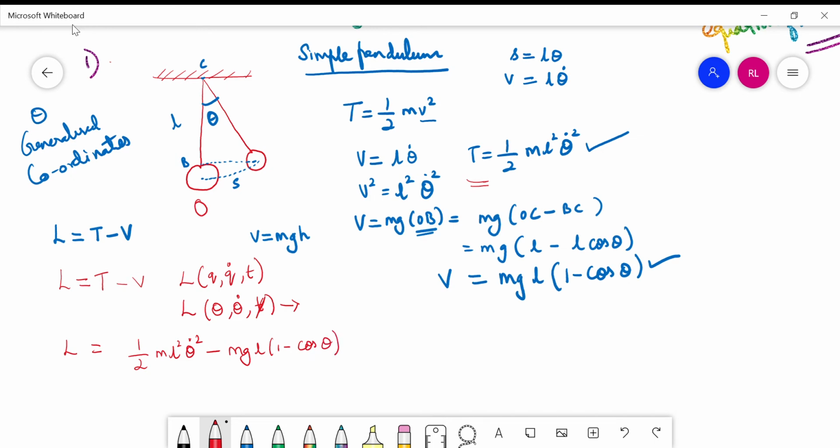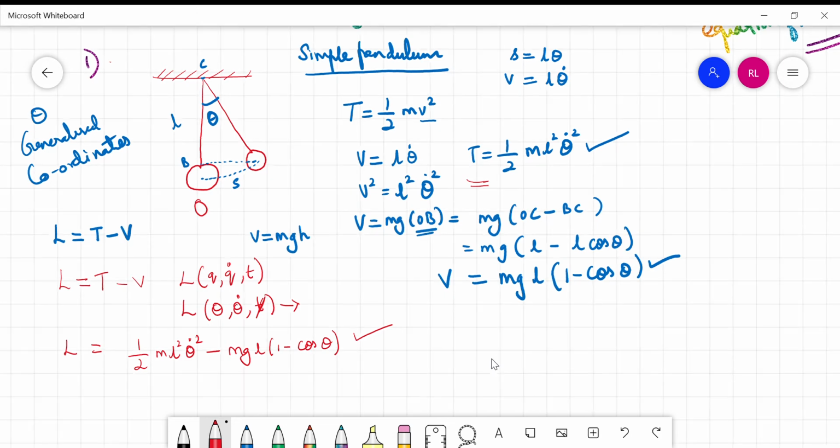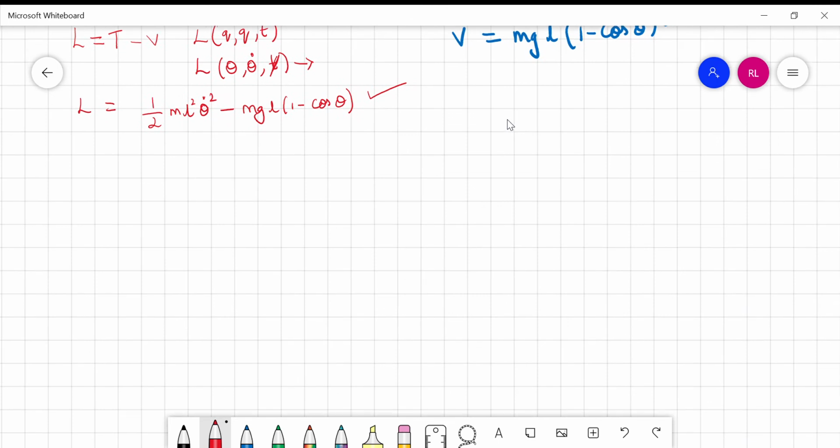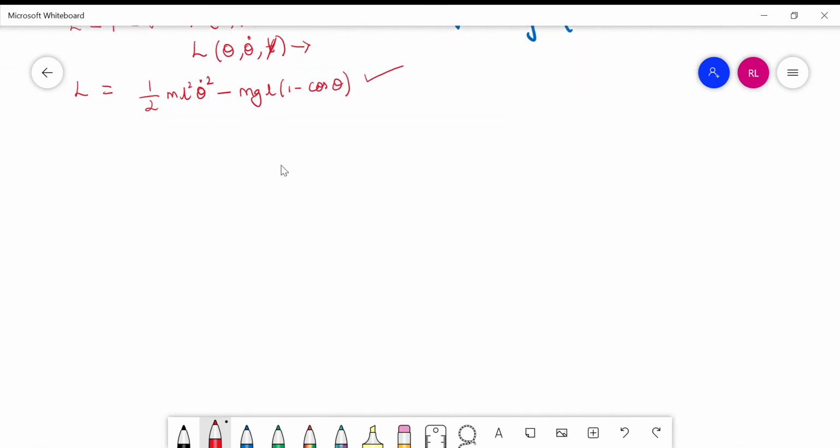This is the Lagrangian for the simple pendulum. Once we have this, we can use the Euler-Lagrange equation to get the equation of motion.